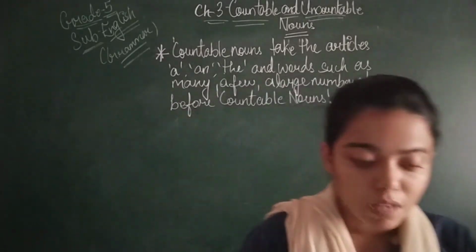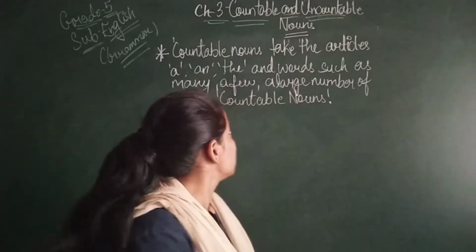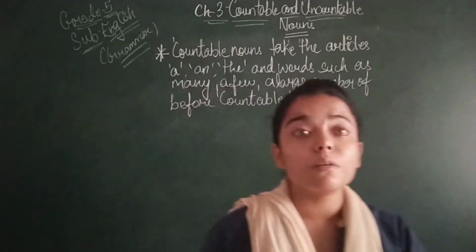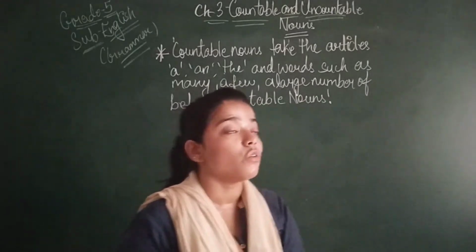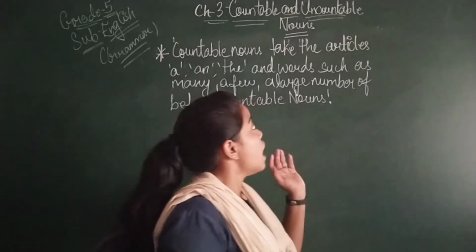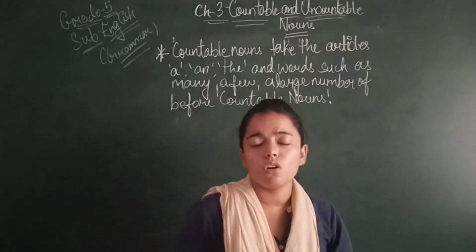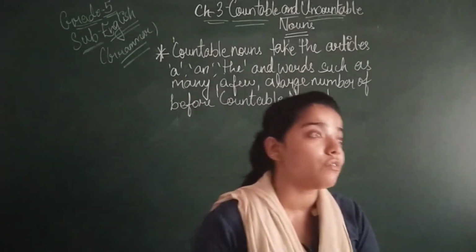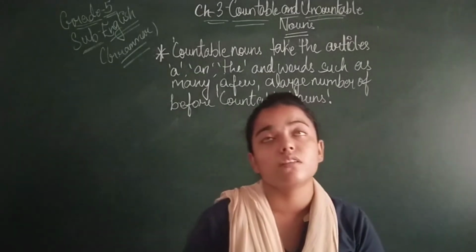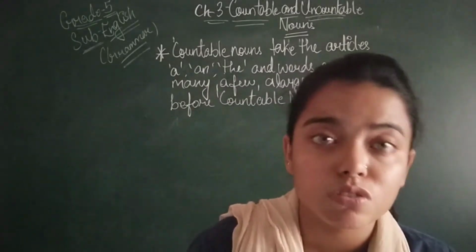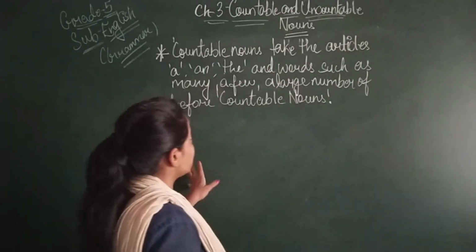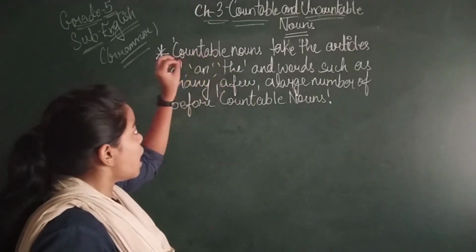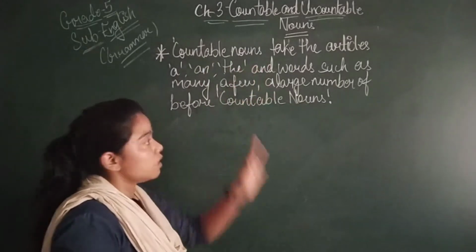So these words are taken. The main important thing is that in countable nouns we use articles. You all know what the articles are: a, an and the. When we use a, an and the, we will explain in the 4th chapter, the articles chapter. But now let's see this important information.